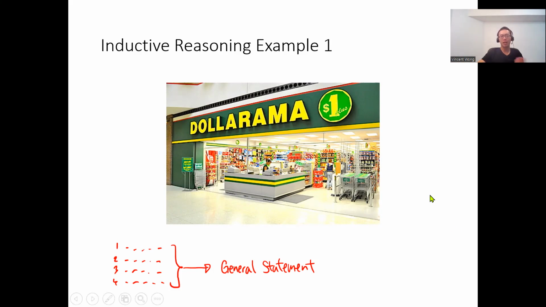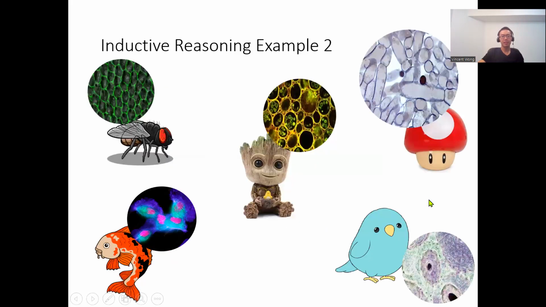Let's use a real biology example. Suppose you look at the wings of a fly, and you're like, oh, that's actually what it looks like. Okay, the fly is made of cells.